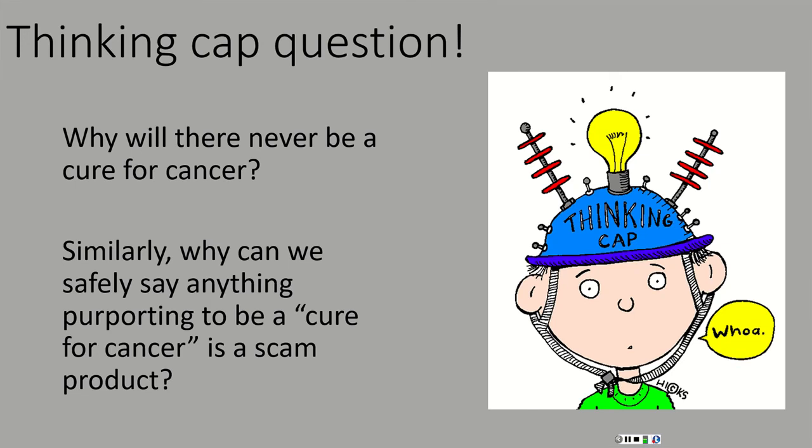And that's just because the only real thing that cancer has in common is that it is mitosis. And we cannot turn off mitosis, because mitosis is needed to replace damage that occurs in our body all the time. So we can't just stop mitosis.